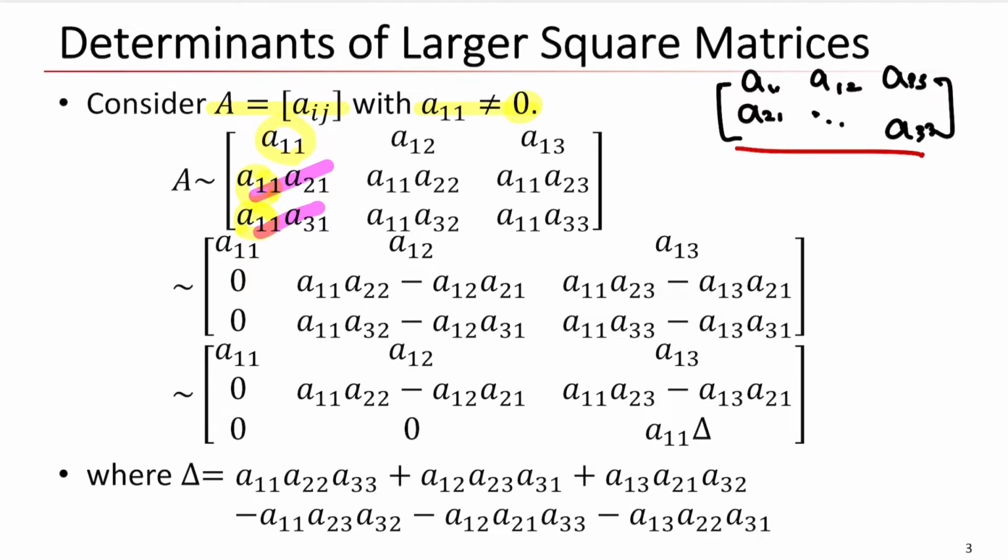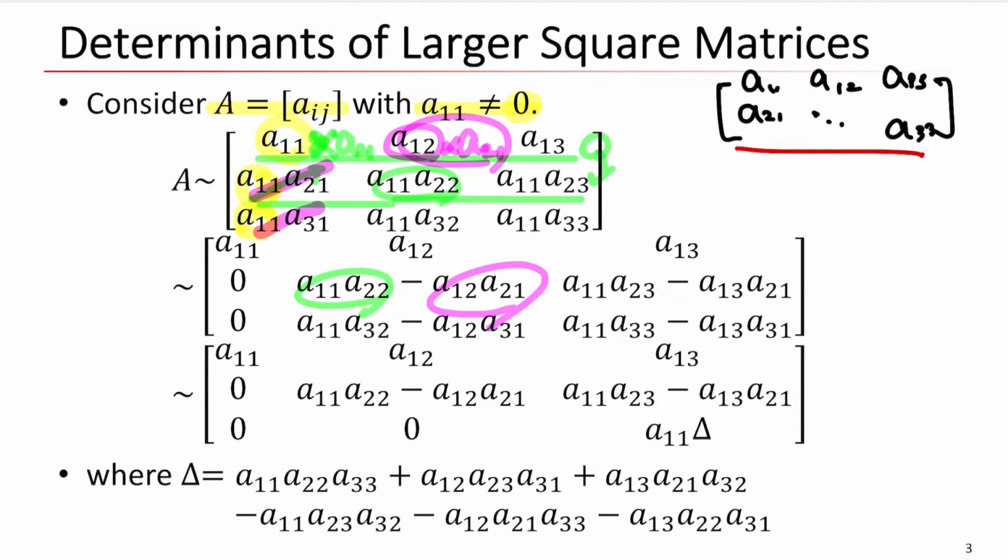By multiplying A21 to row 1, we can subtract this row from this row, then this will be removed, and A21 should be here, with the minus operation, right?